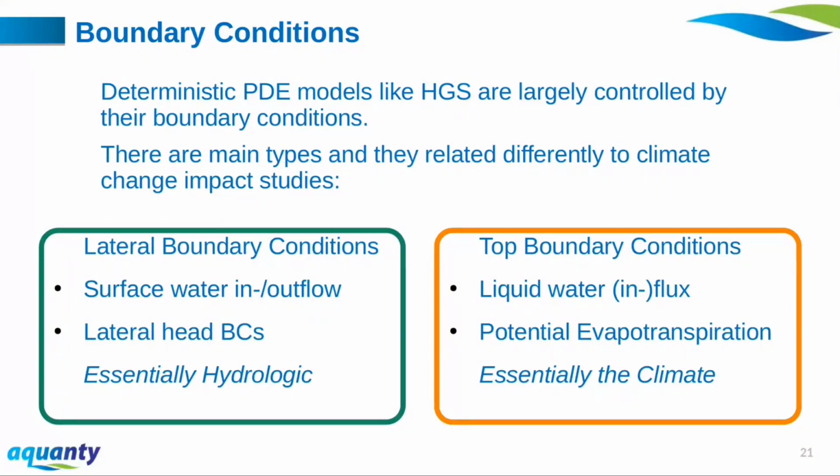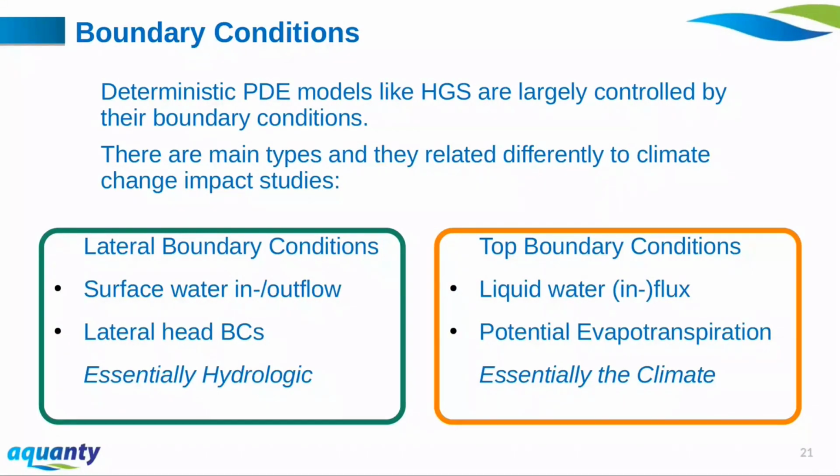There are lateral boundary conditions, which are mainly hydrological. So the surface water flow: you may have a stream that flows into your domain or flows out of your domain. And then there may also be an aquifer that's connected to your watershed, and that would be a lateral head boundary condition. These can be really problematic.